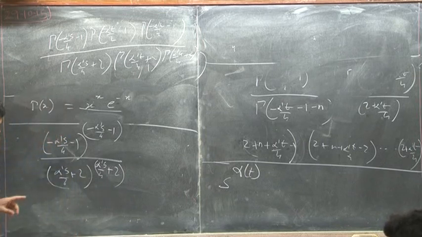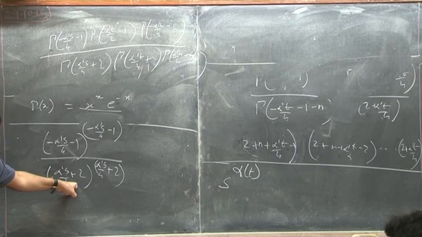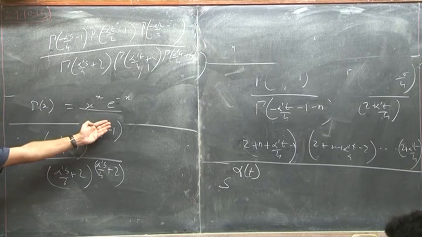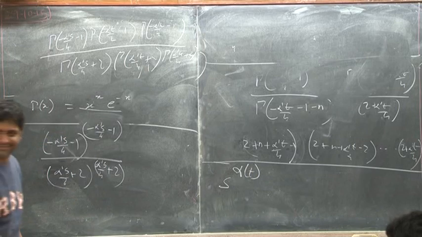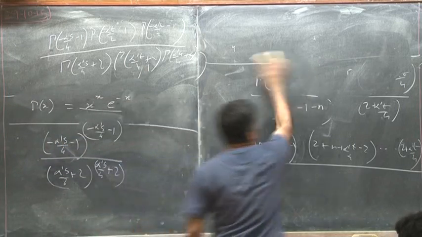Now there are two things. Firstly, this guy has a minus sign, this guy has a plus sign, but that's just minus 1 to some power, some phase. Forget about it, if we're interested in modulus.